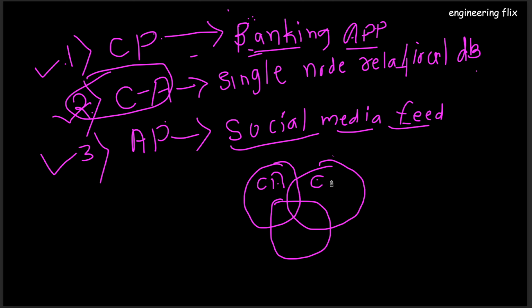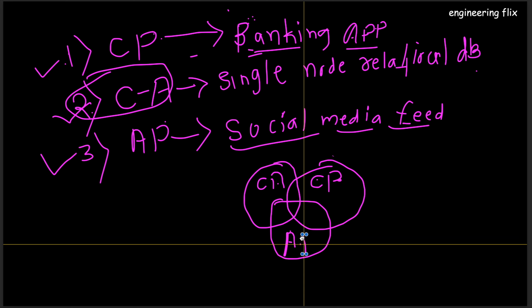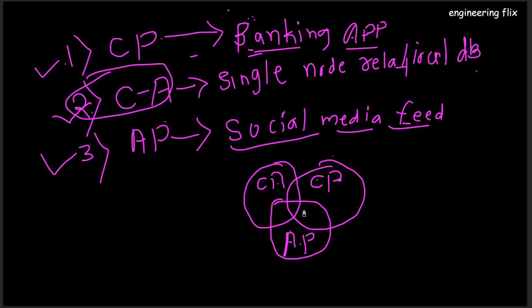We have consistency and partition tolerance, and we have availability and partition tolerance. Either we might get this, we might get this, and we might achieve this, but we can never achieve this one. This one can never be achieved. So this is what is called the CAP theorem.